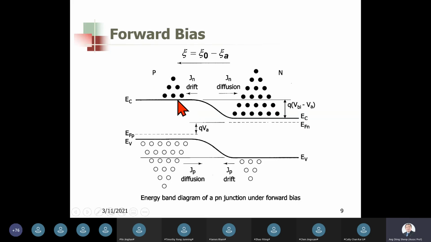In other words, we have excess minority carriers, or excess electrons, inside the P region. Similarly, due to the injection of holes from the P into the N, we have excess holes inside the N region. And as a result of this, the PN junction goes into non-equilibrium.